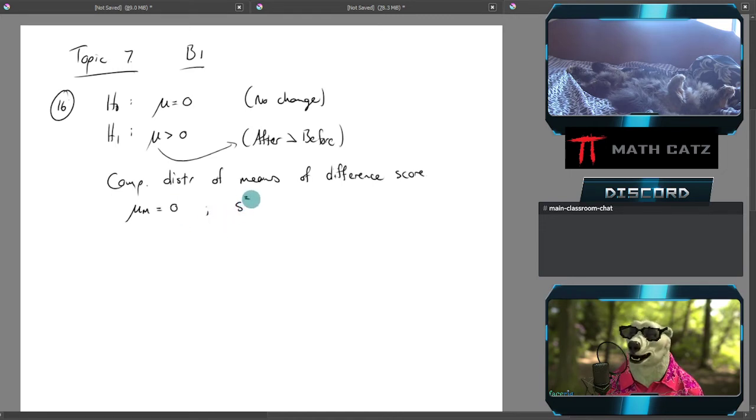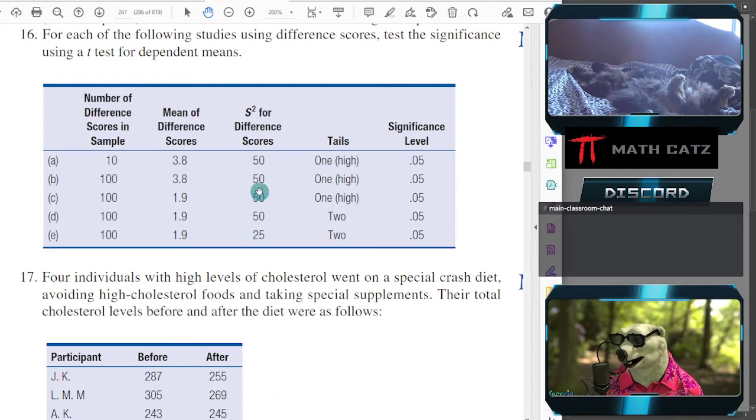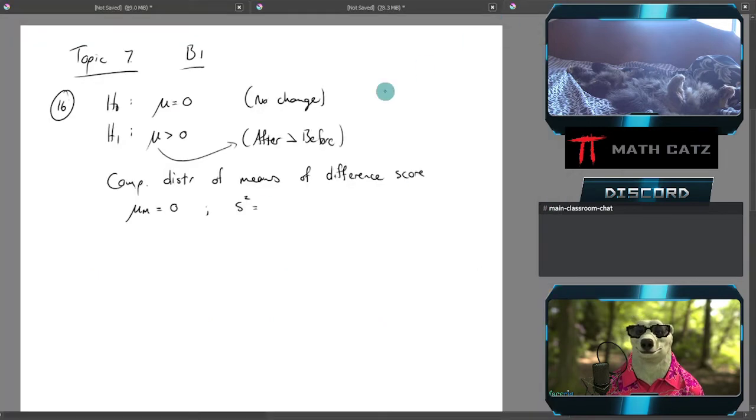They tell me the variance, not standard deviation in this case. The variance for the difference scores, so the population of individuals, is 50. So that I have to convert to the variance approximation for this distribution of means.